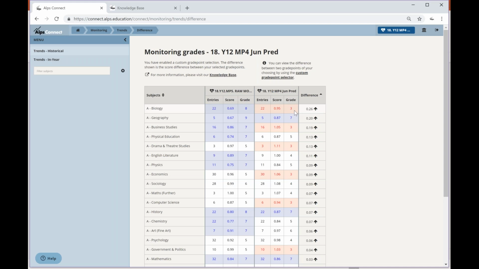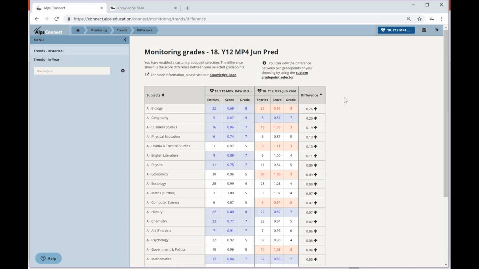So I think you're within your rights to ask the question of, really, how are you going to make up that difference between a grade 8 and a grade 3, and importantly, 0.69 to 0.95. So what's that? Almost 0.3. That's a grade and a half. Is that really realistic? Are they going to be performing that much better than that set of exam results suggested?